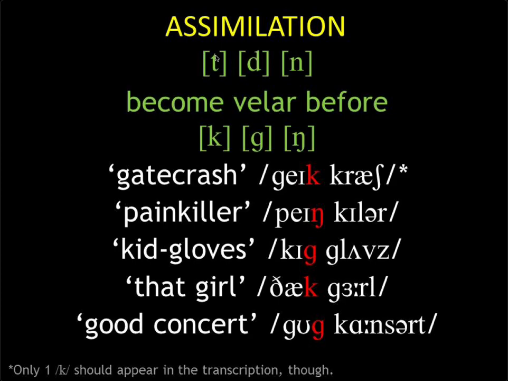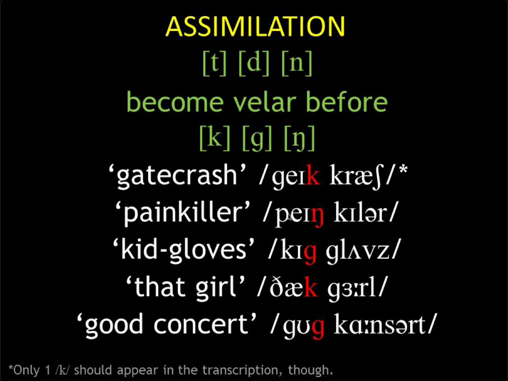Another one, a second one, is when you have the same sounds as before, t, d, and n, but they come before a velar sound, k, g, or ng, and they will also become velar. So gate crash: the t will borrow the velar place of articulation from k, and it might be pronounced as gate crash.